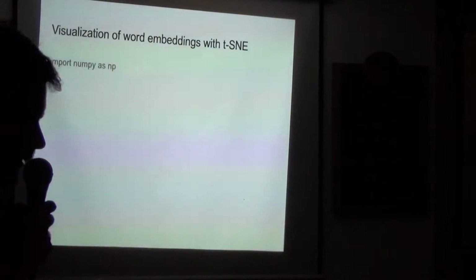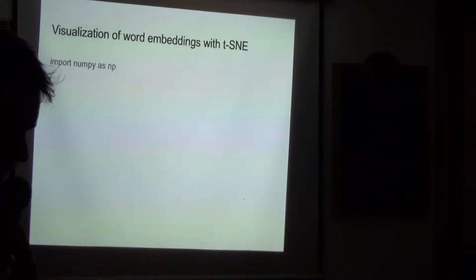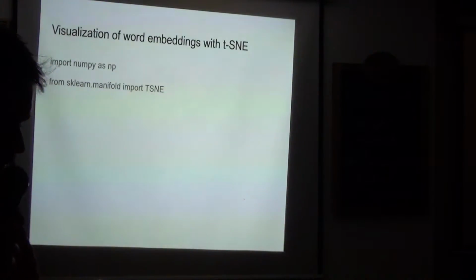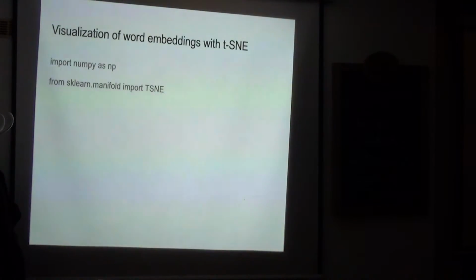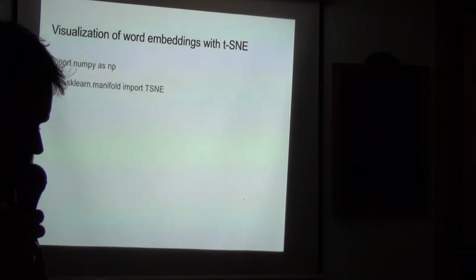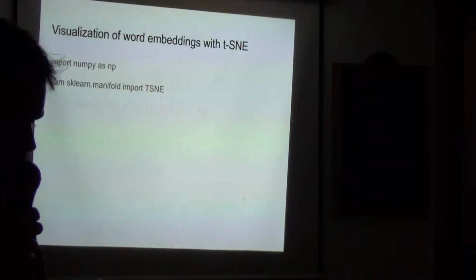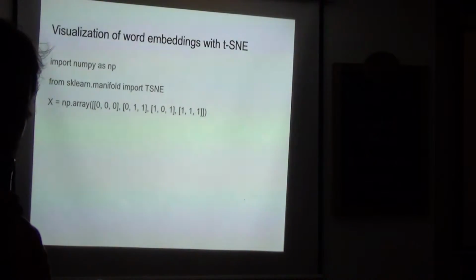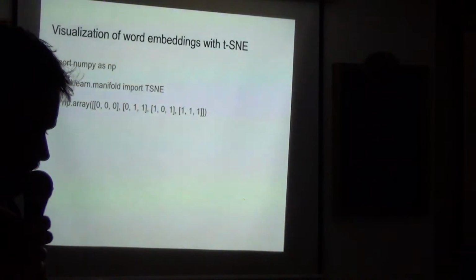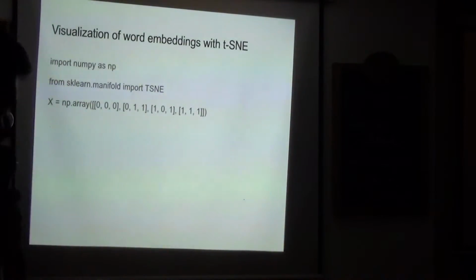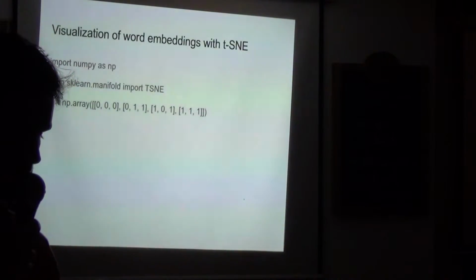Okay, so how do we do it in the code? So some imports. This needs, for example, sklearn and the manifold package. It's basically scikit. Well, scipy. Yeah. So let's take x as some array of vectors. So now we have 4 vectors. Each has 3 dimensions.